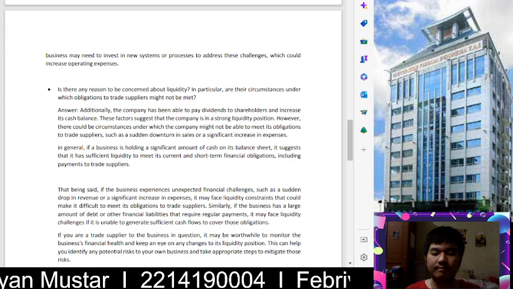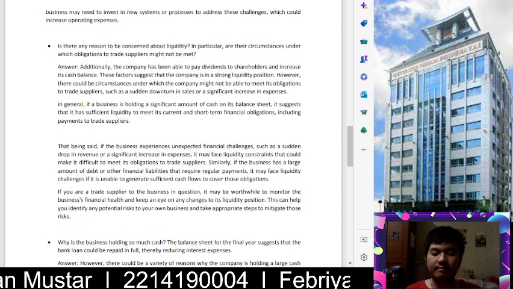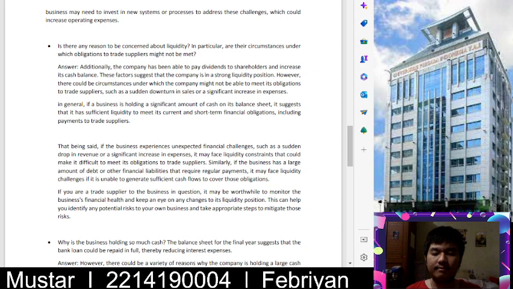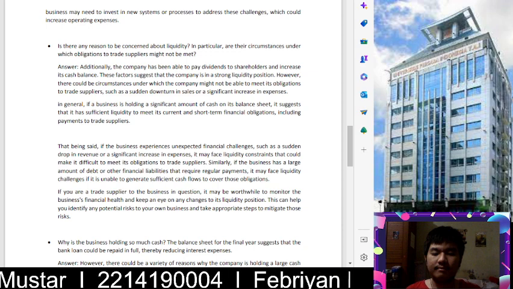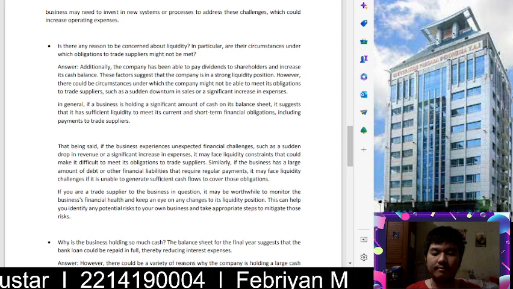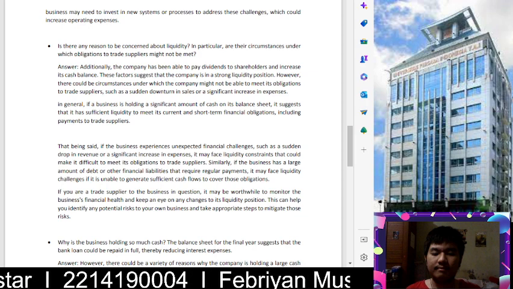Fifth question: is there any reason to be concerned about liquidity? In particular, are there circumstances under which obligations to trade suppliers might not be met?